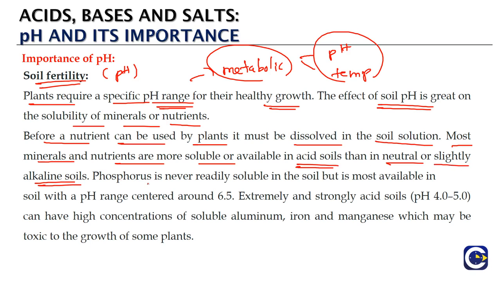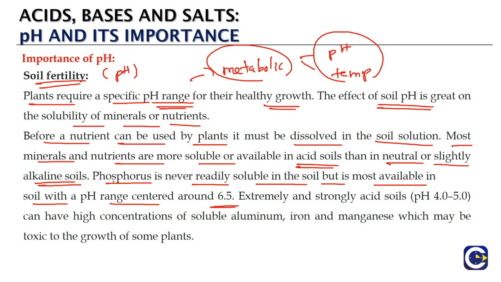So these minerals are more easily present in the acidic solutions. Phosphorus is never readily soluble in the soil, but is most available in the pH range of around 6.5.